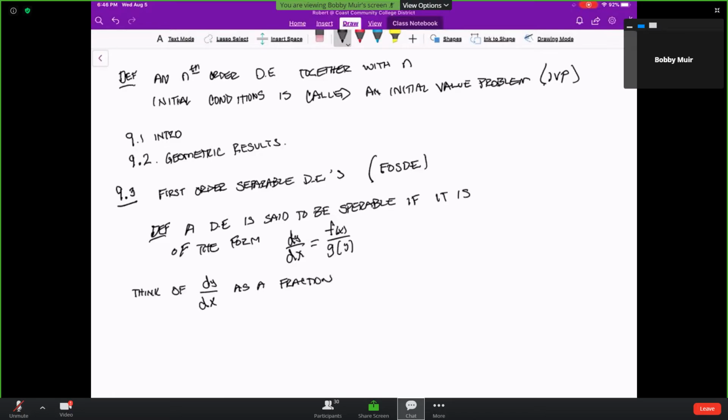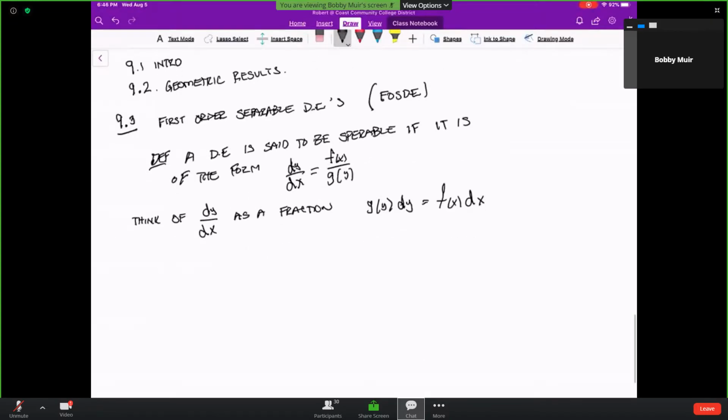And so when you cross multiply, you would get g of y dy equals f of x dx. And so the question is obviously, okay, can I just then integrate both sides and be done with it?